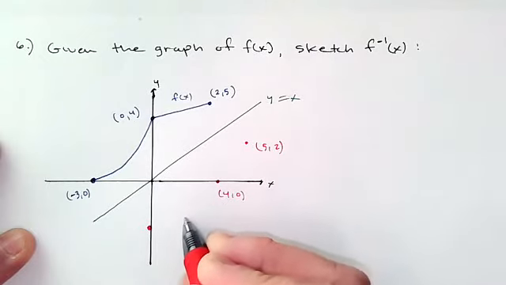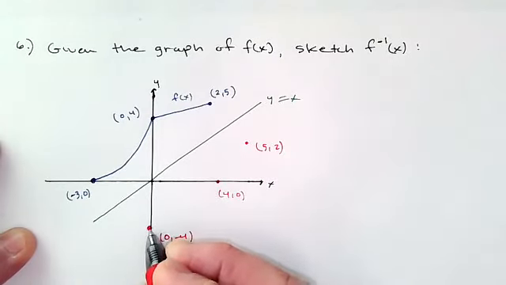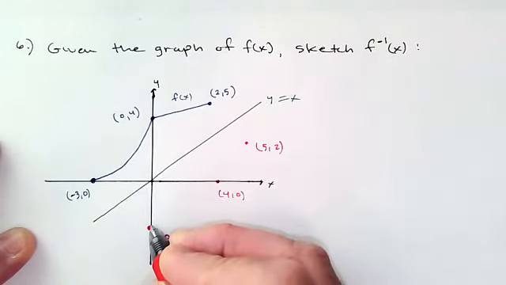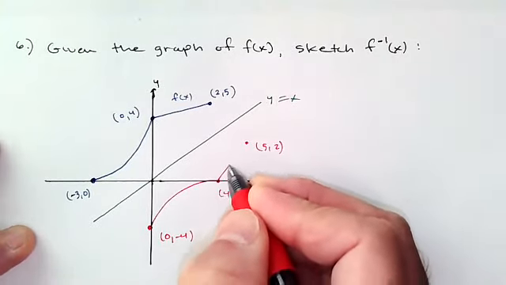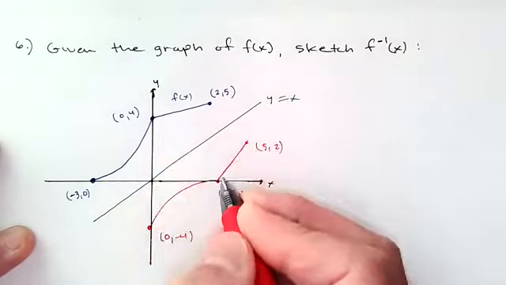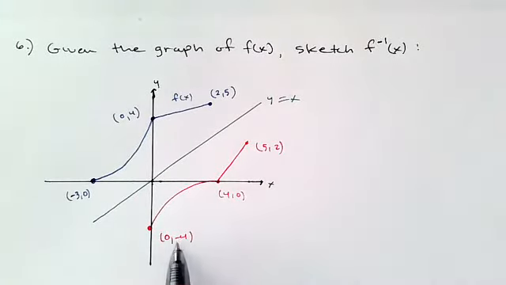So if you drew it like this, that would be incorrect. I forgot to label this point. That's 0, -4. If you folded this around the line y equals x, it's going to curve like this and then go up to this point like that. So it should look like it's symmetrical. I'm not only checking that you've reversed the x and y coordinates, but I'm also looking for the shape, that it should look symmetrical about the line y equals x.